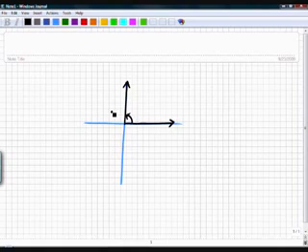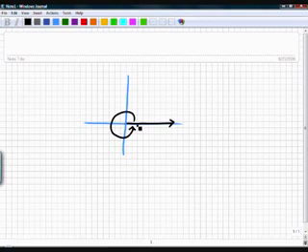If I rotate it around to the negative x-axis, I have a straight line, and we know that all straight lines are 180 degrees. If I rotate it around to the negative y-axis down here, what angle measure would that be? That's positive 270 because we're still rotating in the positive direction. And then all the way around, ending up in the same spot, that's a 360-degree angle.